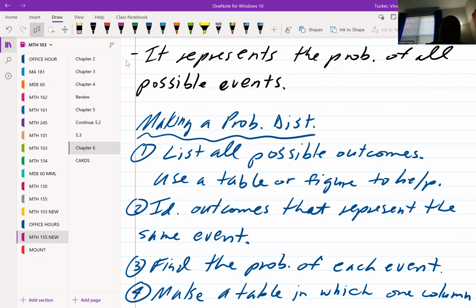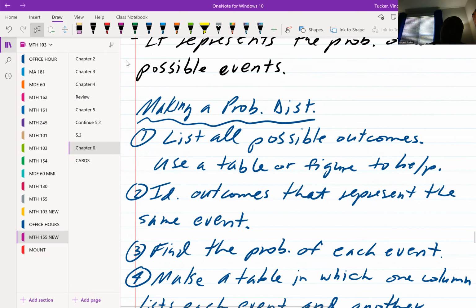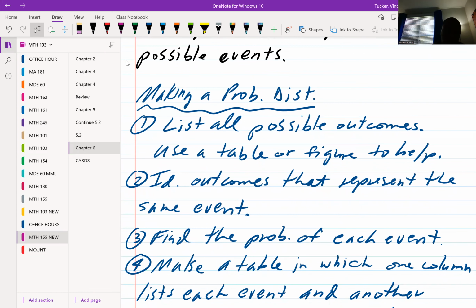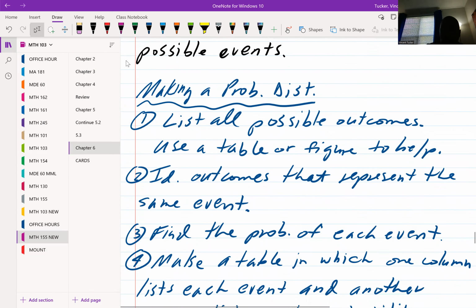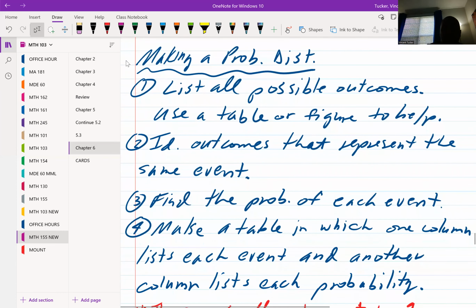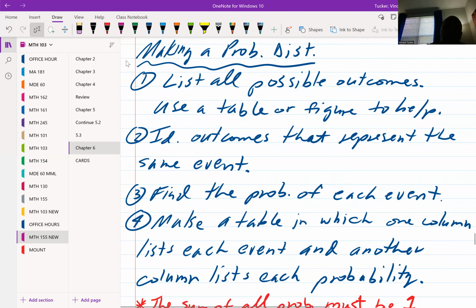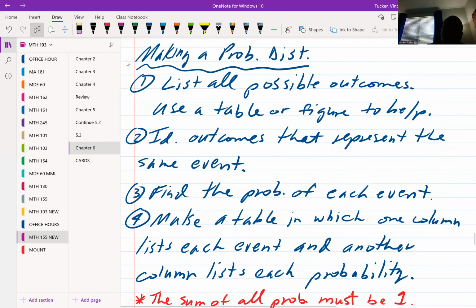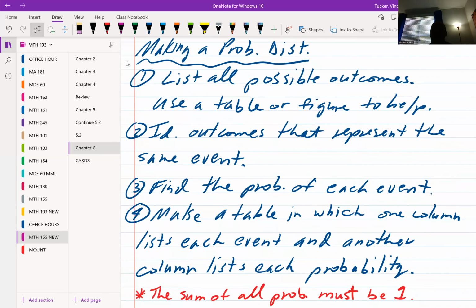Find the probability of each event. Then make a table in which one column lists each event and another column lists each probability. And notice the last statement in red is that the sum of all probabilities must equal 1.